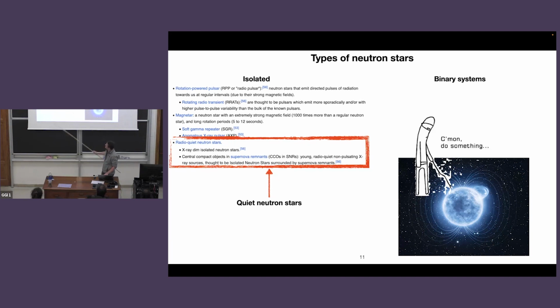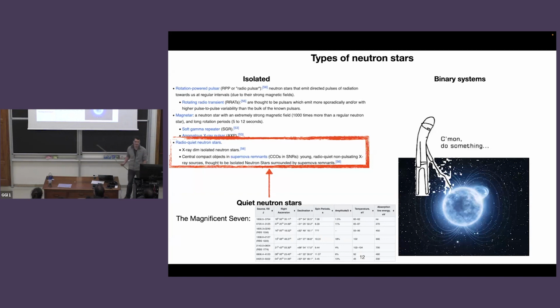Of those radio quiet and X-ray dim neutron stars, we know of exactly seven, which were all found around 20 years ago. Those neutron stars are all relatively old, about 100,000 to a couple hundred thousand years old. Because they are so old, their surface temperatures are also relatively cold, typically just below 100 eV. And their distance from us is a couple hundred parsecs.